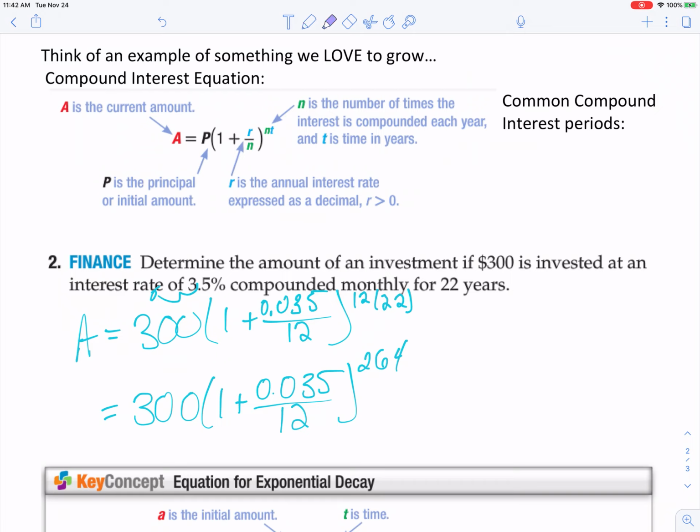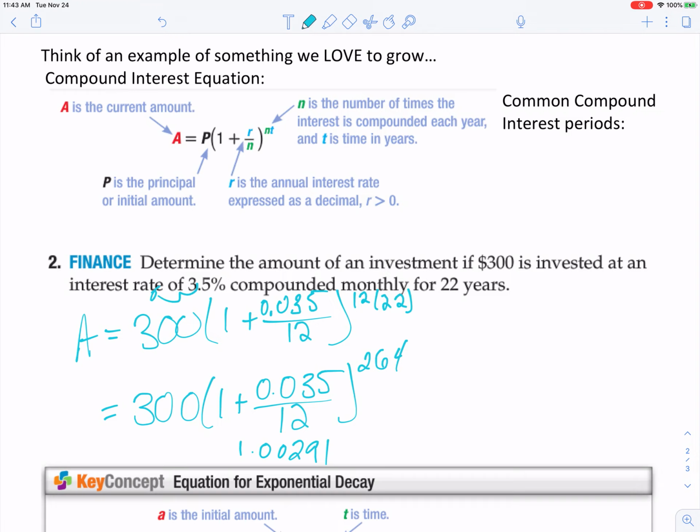Now, I'm going to be plugging in the parentheses into my calculator. So I'm typing in 1 plus 0.035 divided by 12. And then I'm going to hit the equal sign. I get a big ugly decimal. It's like 1.002916667 or something.